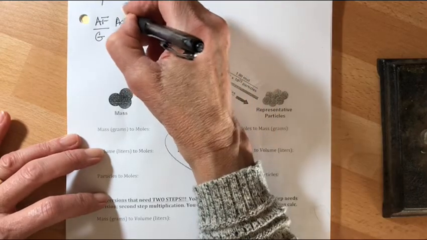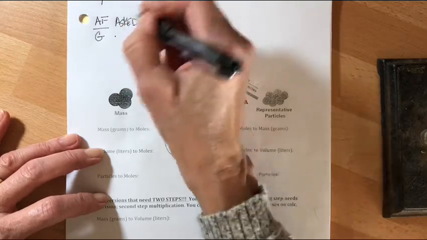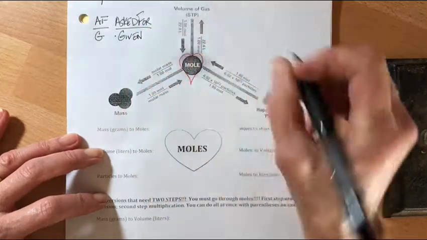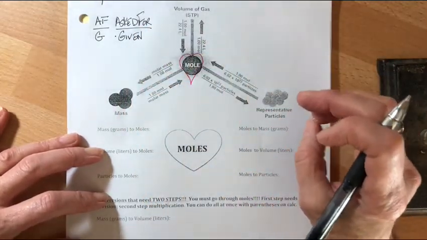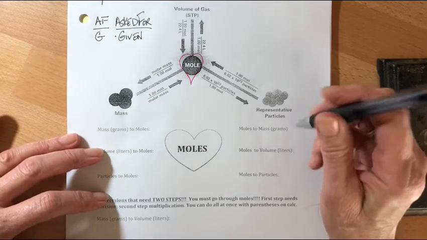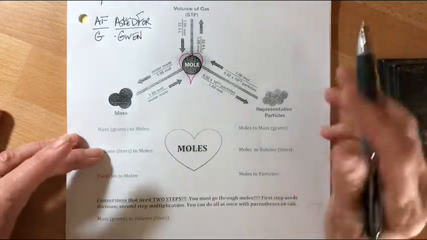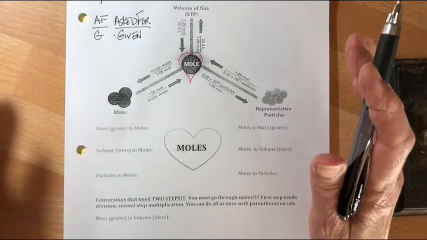So asked for over given is the way to save yourself. I will tell you that I get myself confuddled just as easily as you do, and I've been doing this for a lot longer, and by having those units in my conversion factor, I can find out right away if I'm doing the wrong math operation.